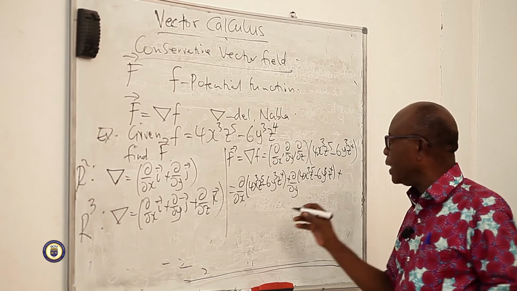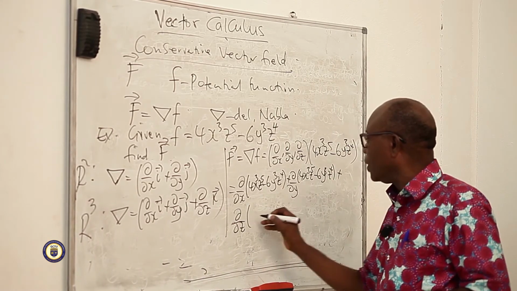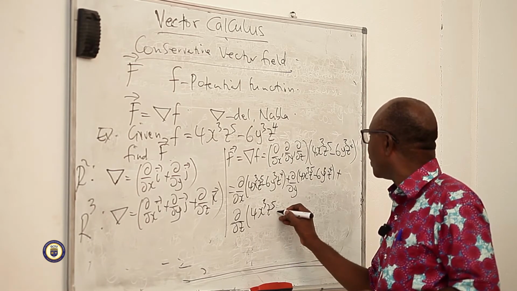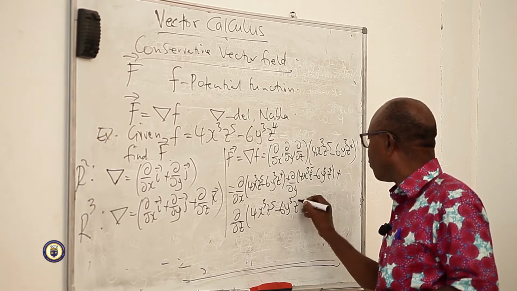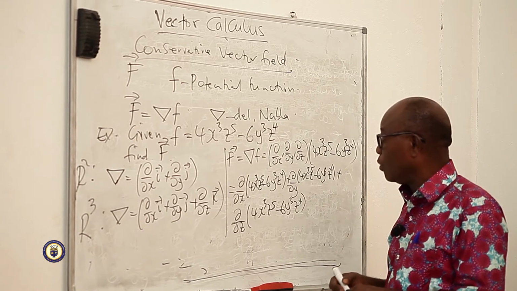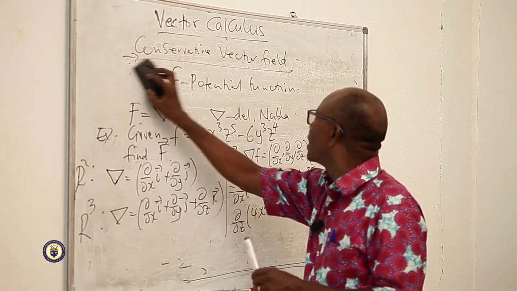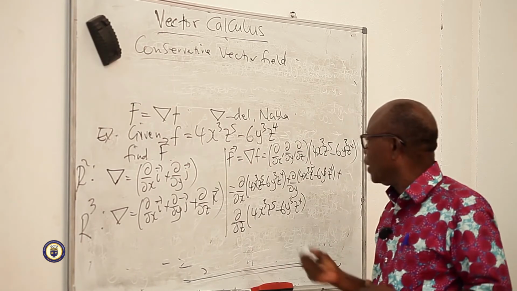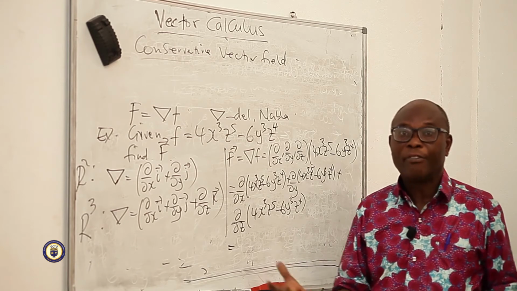And the last one is partial z of f, which is 4x cubed z to the power 5 minus 6y cubed z to the power 4. So we need to differentiate each of them, like we learned from partial differentiation.